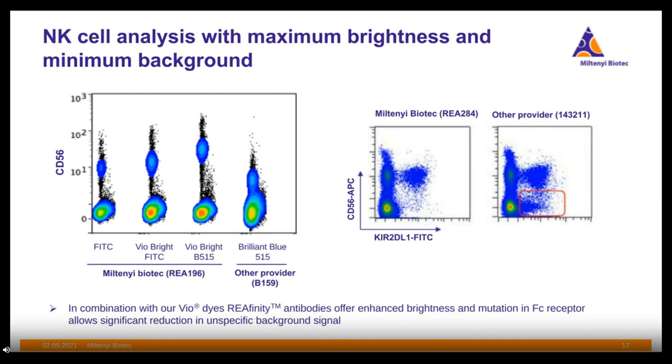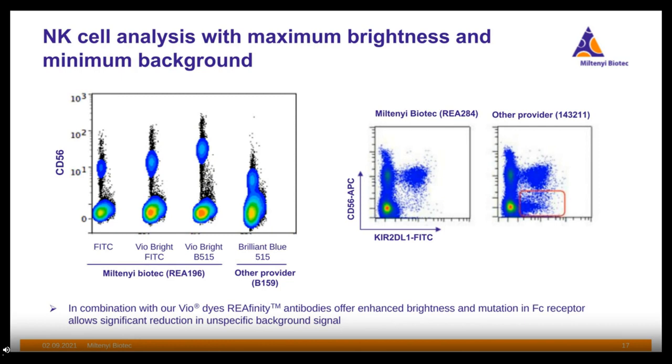Here you can see CD56 and KIR2DL1 antibody staining in a sample, and what you are expecting is that all the NK cells will be double positive.